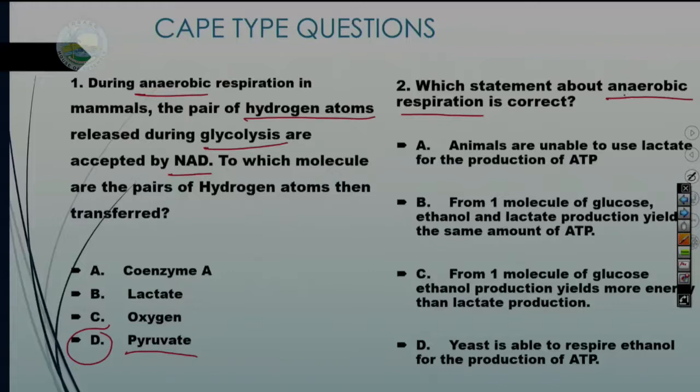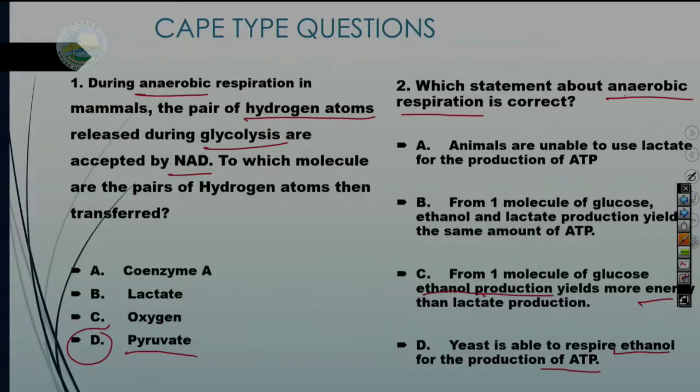C, from one molecule of glucose, ethanol production yields more energy than lactate production. And D, yeast is able to respire ethanol for the production of ATP.